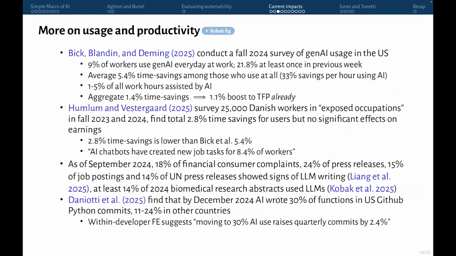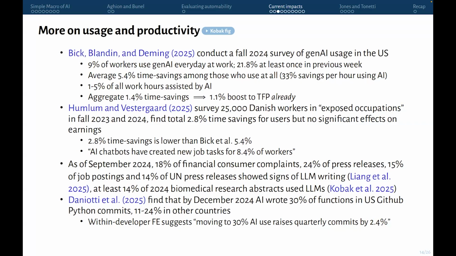There's this Daniotti et al. paper where they look at GitHub Python commits and use a difference-in-differences strategy around model releases. They find that by December 2024, AI wrote 30% of functions in US GitHub Python commits. The rate is a bit lower, 11 to 24%, in other countries.